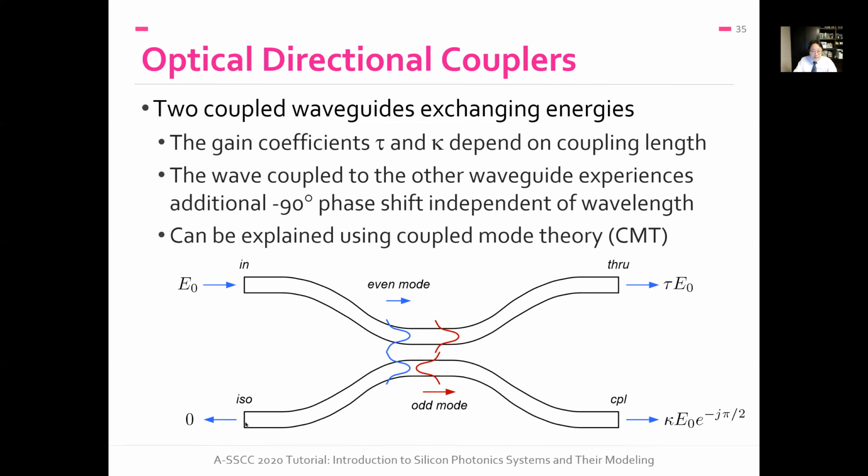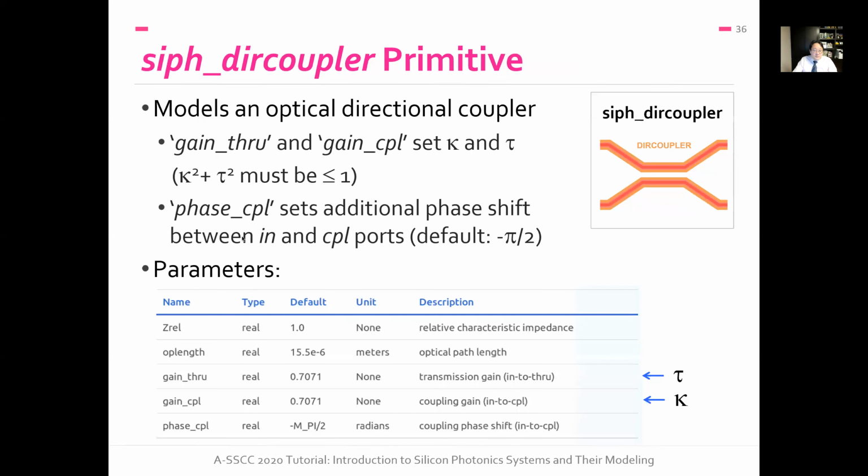The corresponding XMODEL primitive is called the directional coupler, and it has two parameters, gain through and gain couple, that correspond to tau and kappa, respectively. These coefficients must satisfy this condition because the total energy has to be conserved.